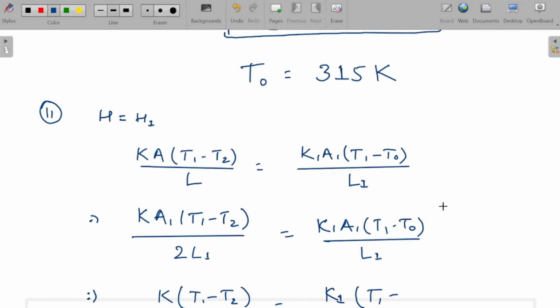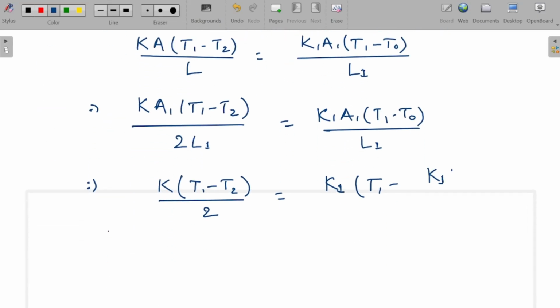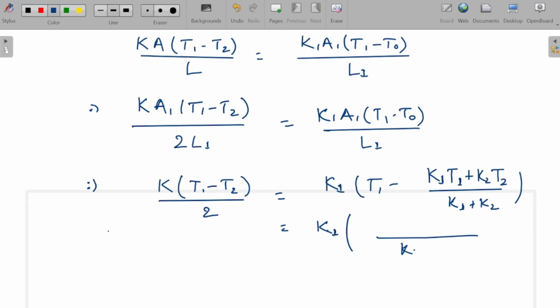So let me write it. This will be K1 times T1 plus K2 T2 divided by K1 plus K2. And then we can write K1 into, look, here we have K1 plus K2, K1 plus K2. And then here we have T1 into K1 and T1 into K2. So T1 into K1 plus T1 into K2. Okay, we have to write this thing also.